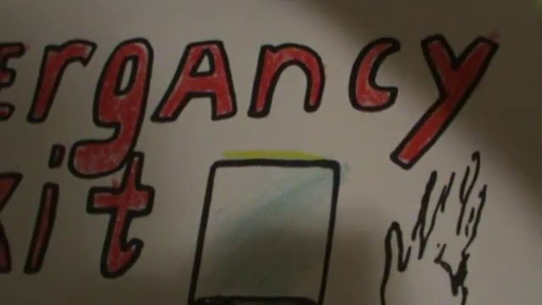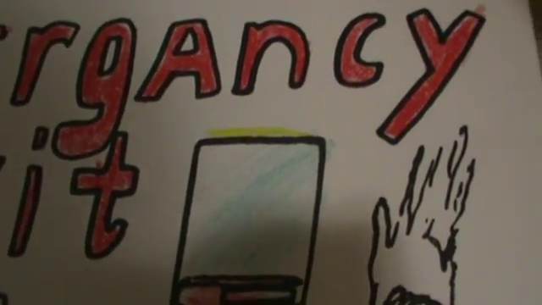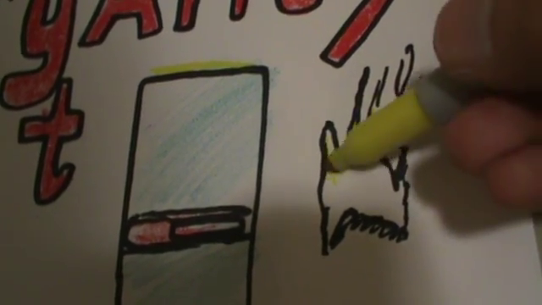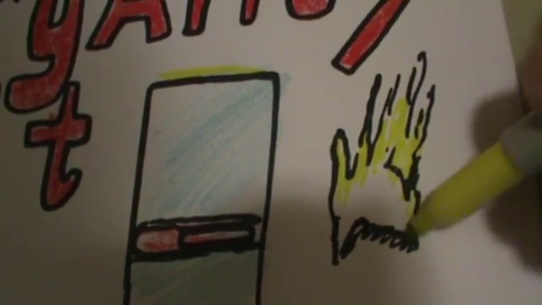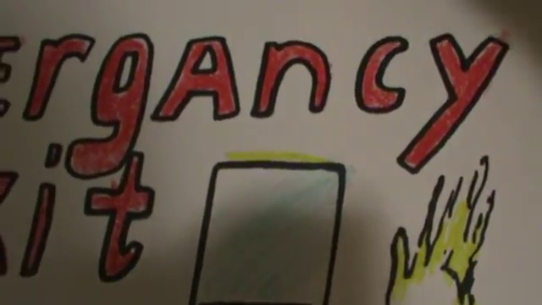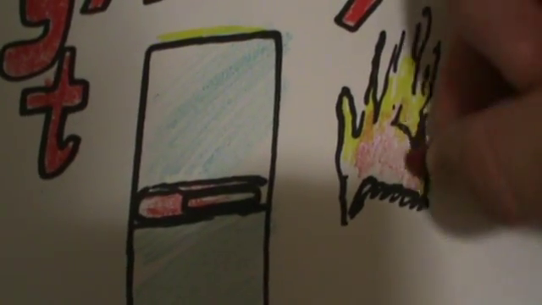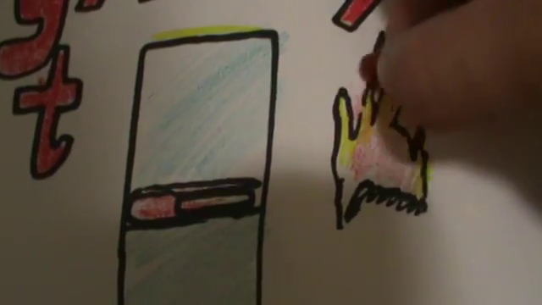The emergency exit would come in handy in case there was a fire breakout or anything like that. It could be a chemical fire, or any other reason to evacuate a building or somewhere, and you would use the emergency exit.